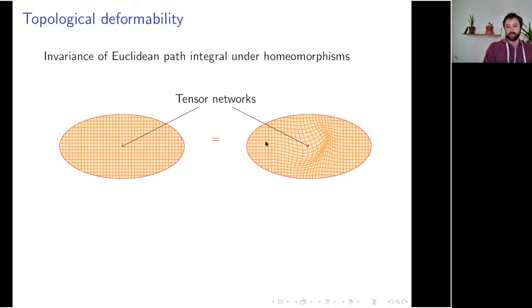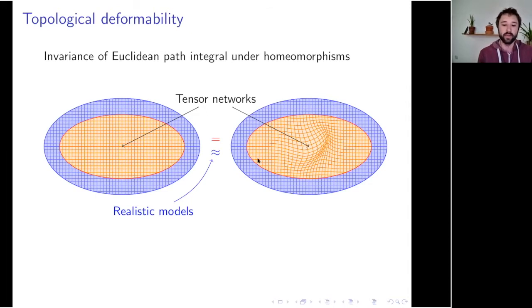So in order to make sense of this, you would have to extend the definition from square lattices to arbitrary irregular lattices that you can also put on curved manifolds. This is in general possible, but even then you would see that this equation does not hold exactly. It only holds if you add a small buffer region in which the homeomorphism is supposed to act trivially. And typically it will hold exponentially well if we increase the radius of this buffer region.